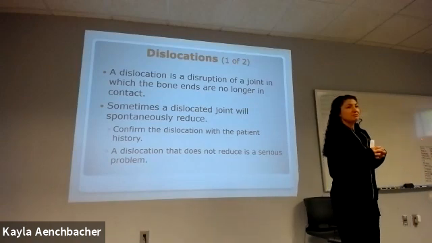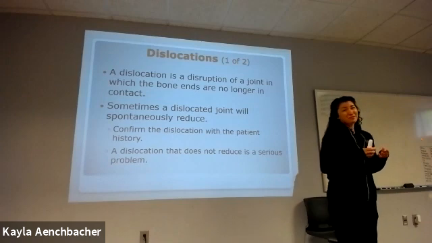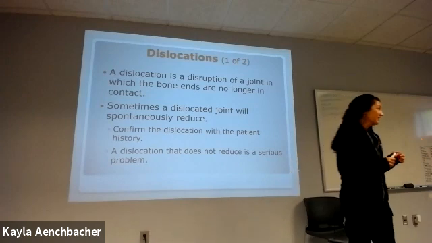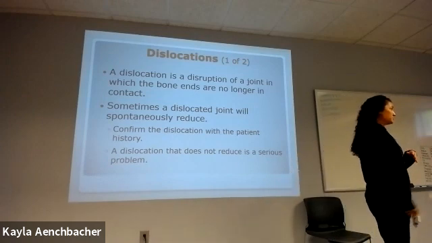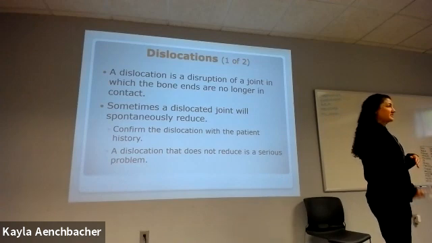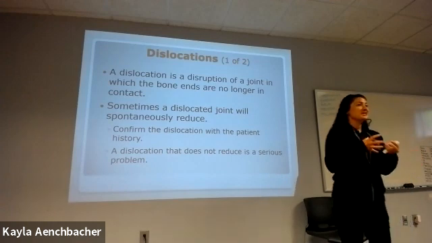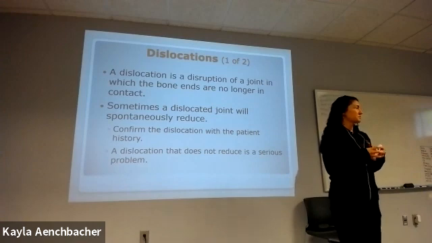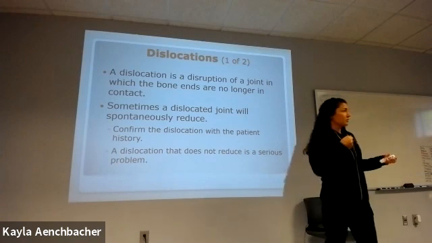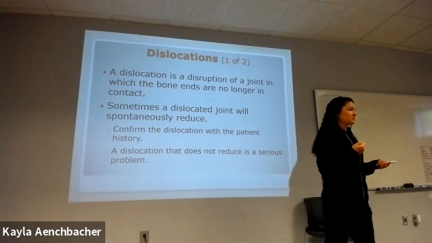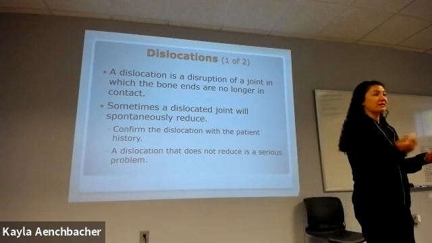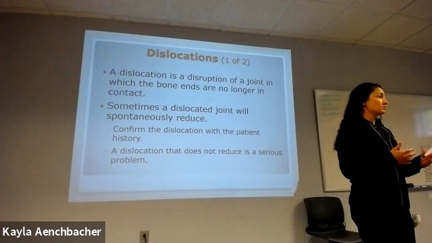If that patient maybe moves their arm, because they're not really going to be able to freely move. When you pop your shoulder out, could you really move your arm or any aspect of it? Yeah. Sometimes the tension on those surrounding tissues, those muscles and tendons and ligaments, is so strong that it'll just pull it back to where it needs to be. That's what we call spontaneously reduce, if it just pops back into place on its own.